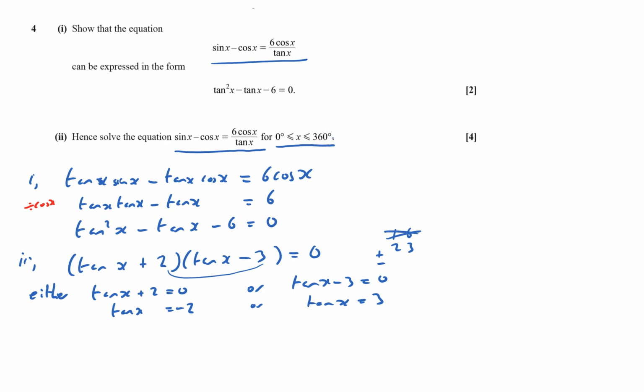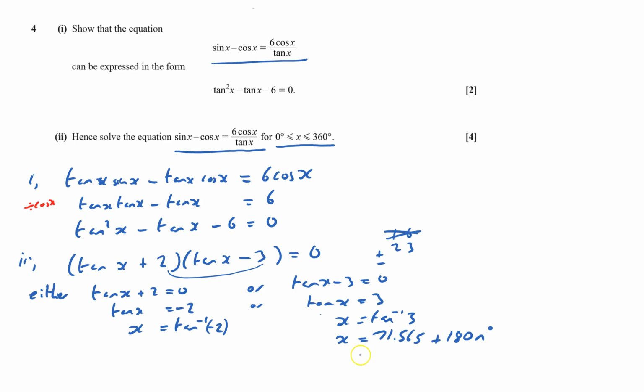Right, so what have I got? I'm going to get x equals tan to the minus 1 of negative 2, or x equals tan to the minus 1 of 3. I'll do the 3 one first, so that'll be x equals 71.565, and that repeats every 180 degrees. So put 180n degrees.